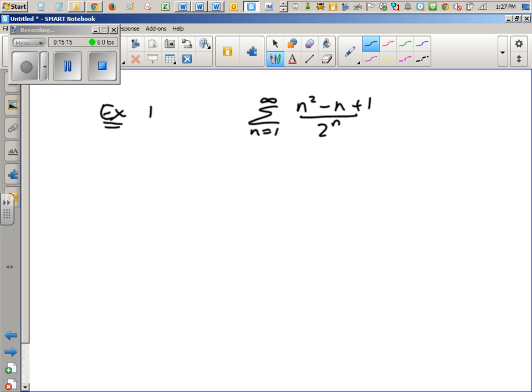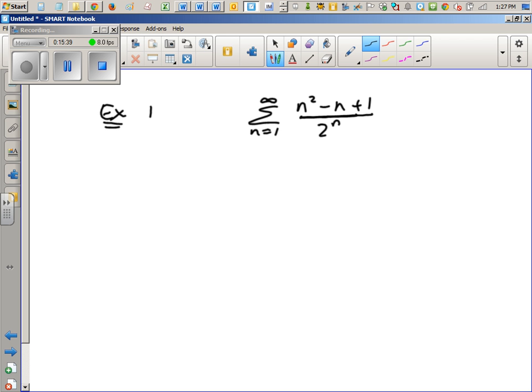Now you could try this problem using any of the other methods I taught you, but I think you'd find it to be a pretty challenging problem from any of the perspectives we've already taken. For example, with DCT, it's a little hard to compare to other things. LCT, those limits are awkward sometimes.